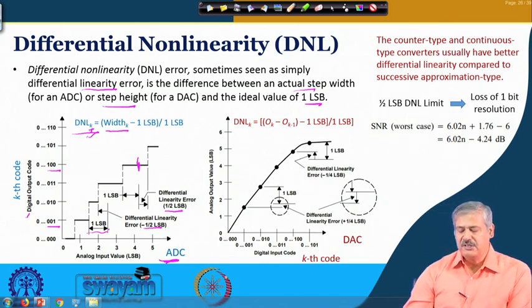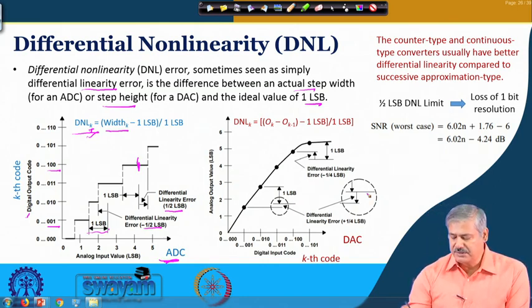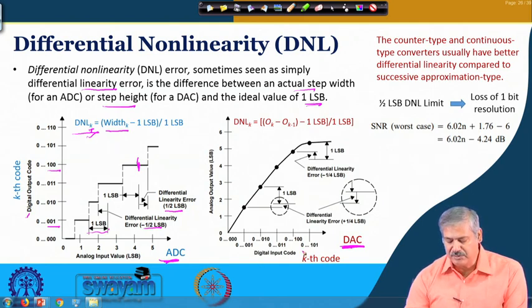Now, DNL for DAC. This is your DAC, and this is your step height and the ideal value. The step height should be what 1 LSB should give you. This is the digital input code and this is the corresponding analog output for the DAC.